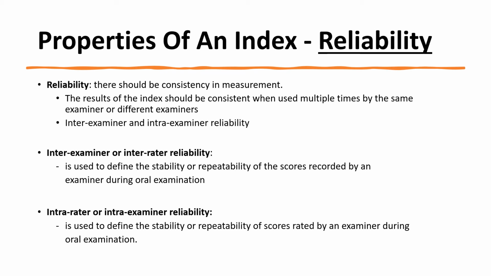So how do you, in practice, carry out inter-rater and intra-rater reliability? Now, this is what you do in community dentistry. Say you are going for an outreach, you want to do an assessment of, say, a school, and you go with two oral examiners and you give them the same instrument to do oral examination.